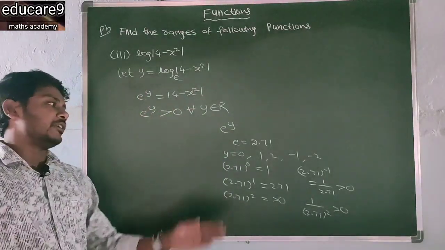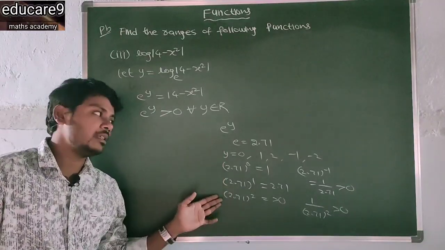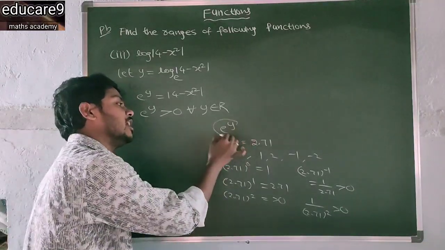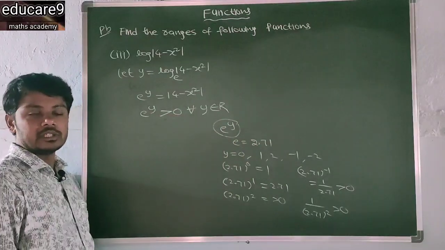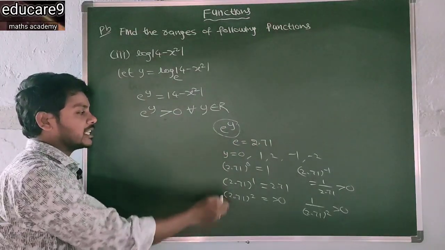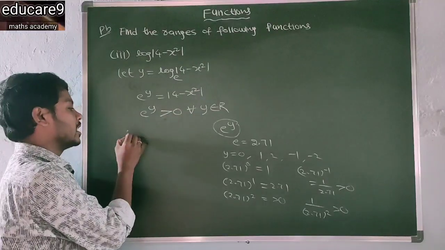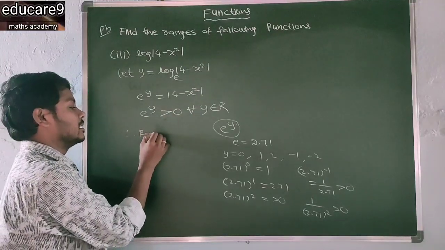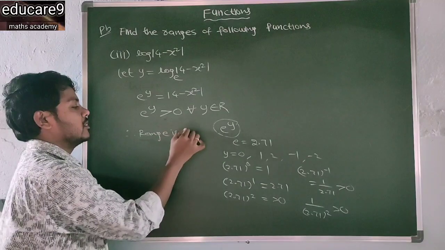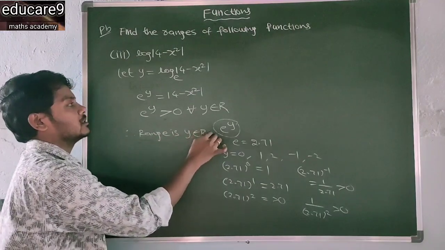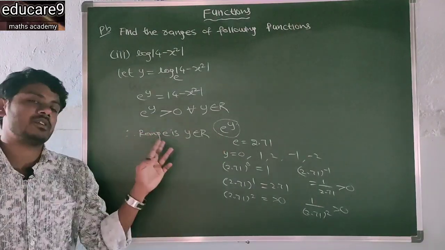So clearly, if you take any value of y, then the e power y value is greater than 0. So clearly, what are the y values? Real numbers. So therefore, the range is y belongs to R. So this is the range of the given function.